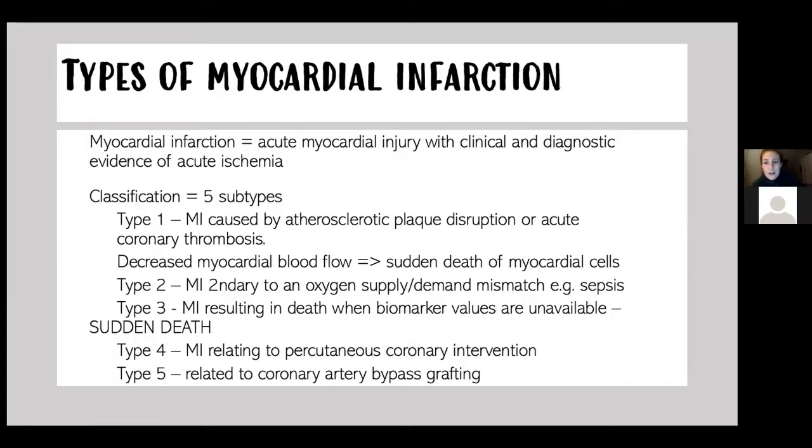You can have it where they're septic and there's a mismatch in supply and demand, or a type 3 is where you haven't yet had any of the blood results back, so you can't confirm what's fully gone on. And then types 4 and 5 are related to interventions we've done in the hospital setting that have led to the infarct. But I'm not going to dwell much on this, you can refer back to these slides.